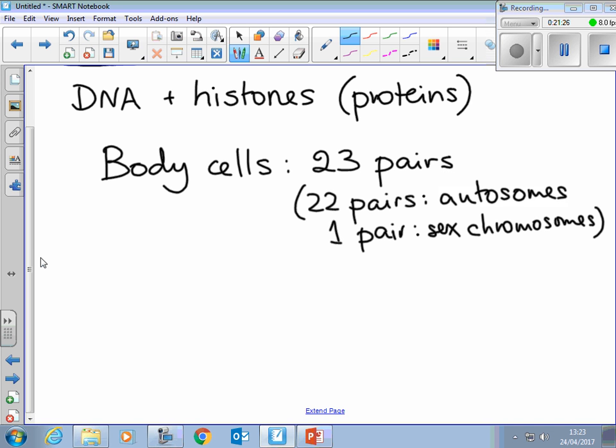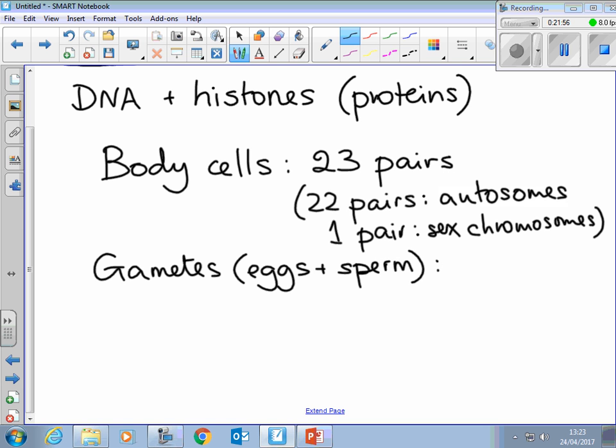The pairs that we've got are known as our diploid number. 23 is our haploid number, but that comes from the cells that we call gametes, that's eggs and sperm, where you have 23 single chromosomes.